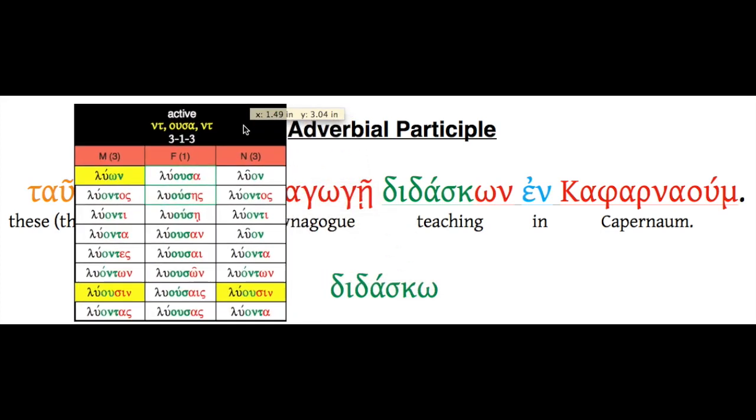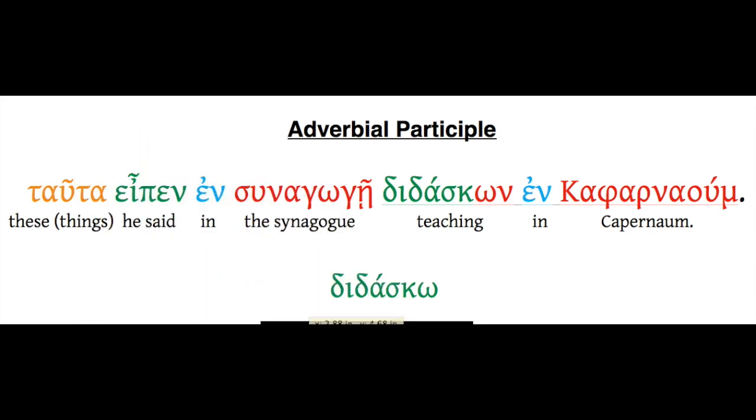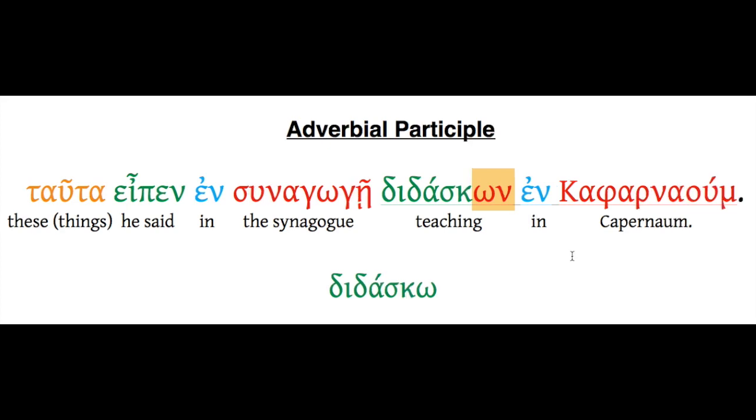This is that nominative masculine singular form that we'll see a lot because, again, we have a lot of nominative singular masculine subjects. And this is referring to whom? Well, to the he in this verb, right? He said these things, teaching. Probably this is Jesus, of course. So, tauta epen in synagogue, didaskon in Capernaum.